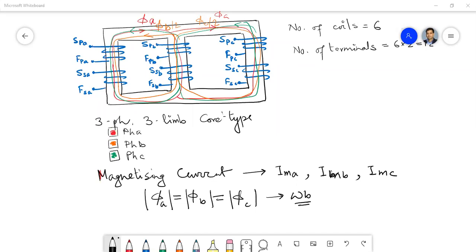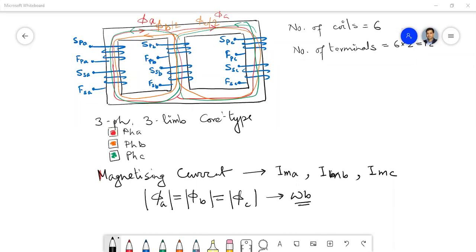Sir, because all the flux is same. All the fluxes are same, but phi A, phi B, and phi C magnitudes are kept same. So you know how the fluxes are generated?